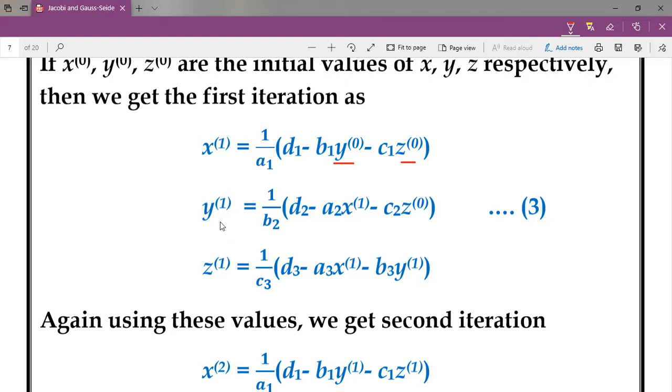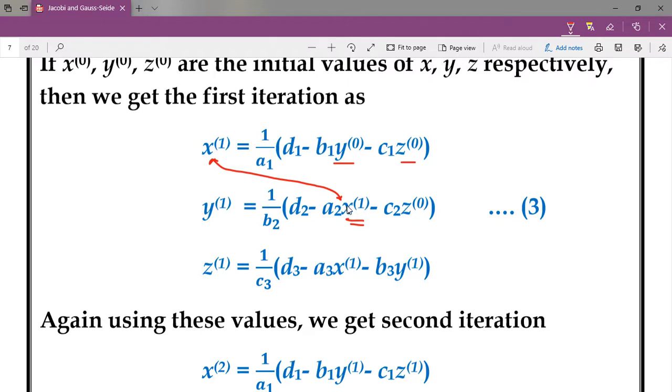But when finding y1, we are going to use the latest root here instead of x naught. So if you are using x naught and z naught again, then it is Jacobi method. If you are using latest root, then it is Gauss-Seidel method. Okay, you got the only difference.